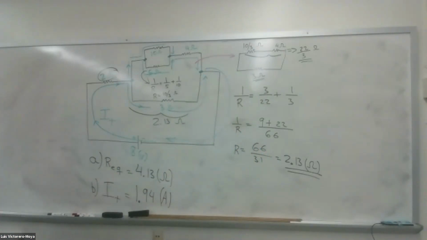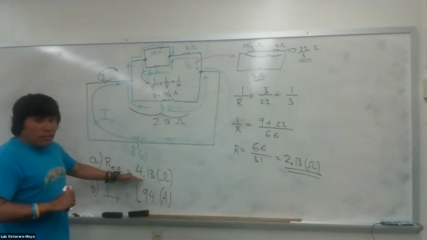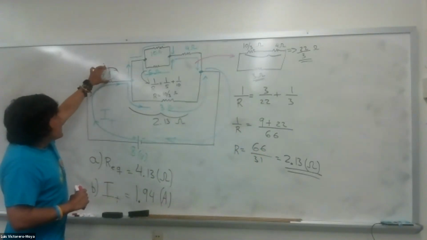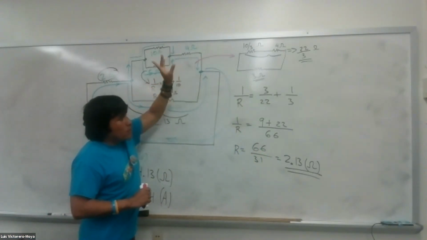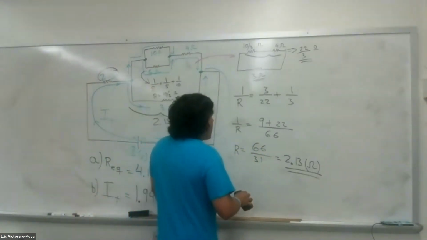Because this circuit is longer, or more difficult, the only thing that you could be asked, once you finish this, will be to find the current here and find the current on 3 and 4 amperes. So let's ask those questions. All right.